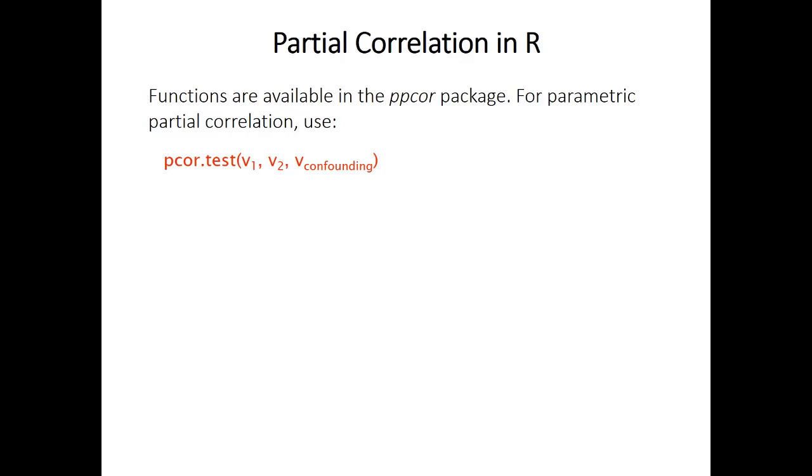The formulas for partial and semi-partial correlation aren't that complicated to make yourself, but there's already a package that does both, so might as well take advantage of that. In the package ppcor, there's a function called pcor.test for partial correlation.